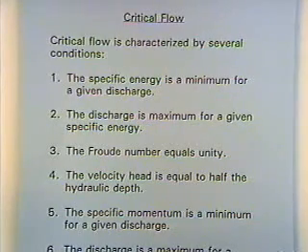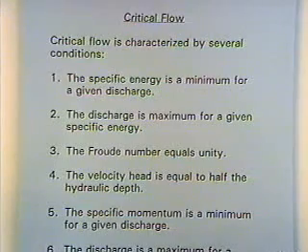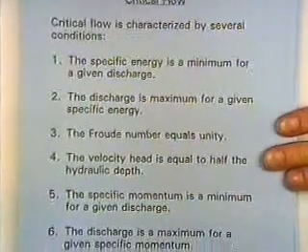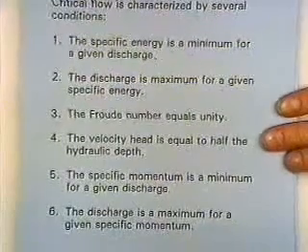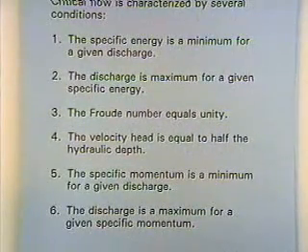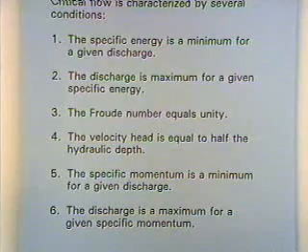Critical flow is the flow condition when the specific energy is a minimum for a given discharge, or the discharge is a maximum for a given specific energy, or the Froude number is equal to 1. And just a little sideline, the velocity head is equal to half the hydraulic depth. If we're working in terms of momentum instead of energy, the specific momentum is a minimum for a given discharge, or the discharge is a maximum for a given specific momentum.